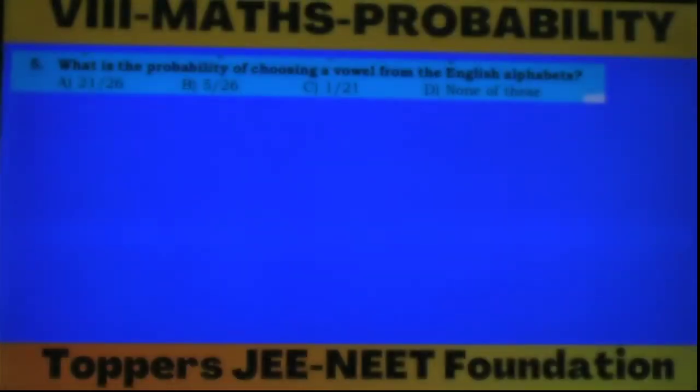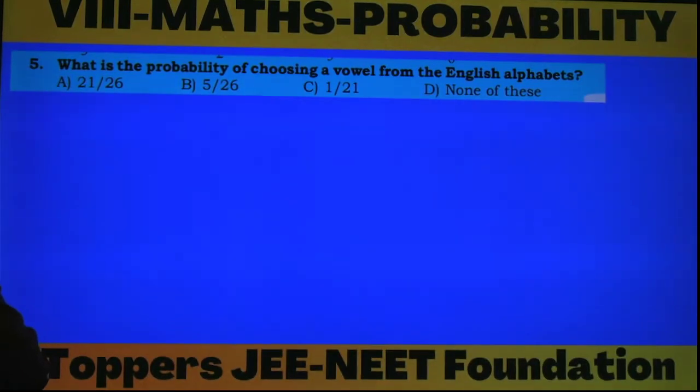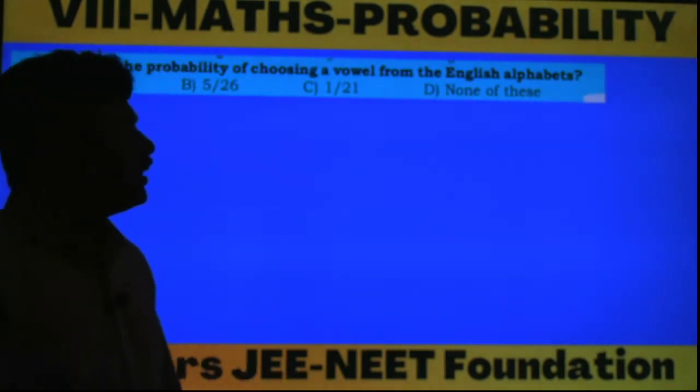What is the probability of choosing a vowel from the English alphabets? There are 26 English alphabets.